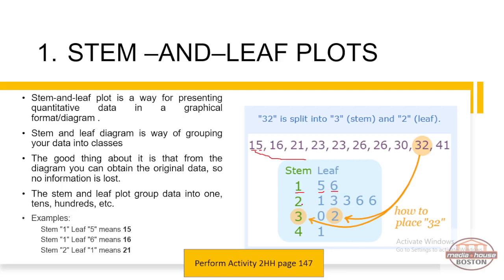The same applies to the second part. The second stem will be 20, so we represent it by 2, and the leaf will be the values from the 20s up to the 30s, such as 21, 22, 23, any value that falls within. You also list them in the order of the information.